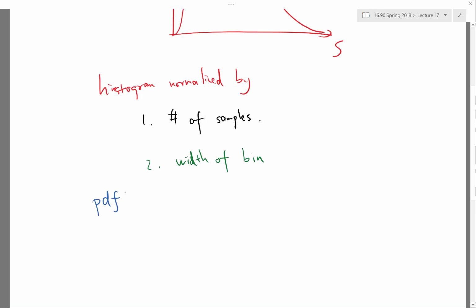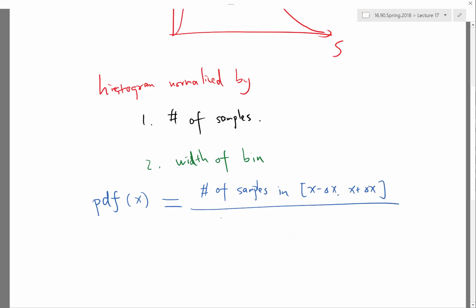So the PDF of a distribution at x is basically equal to the number of samples within an interval x minus delta x and x plus delta x, divided by the total number of samples and the bin size, which in this case is 2 delta x, right?